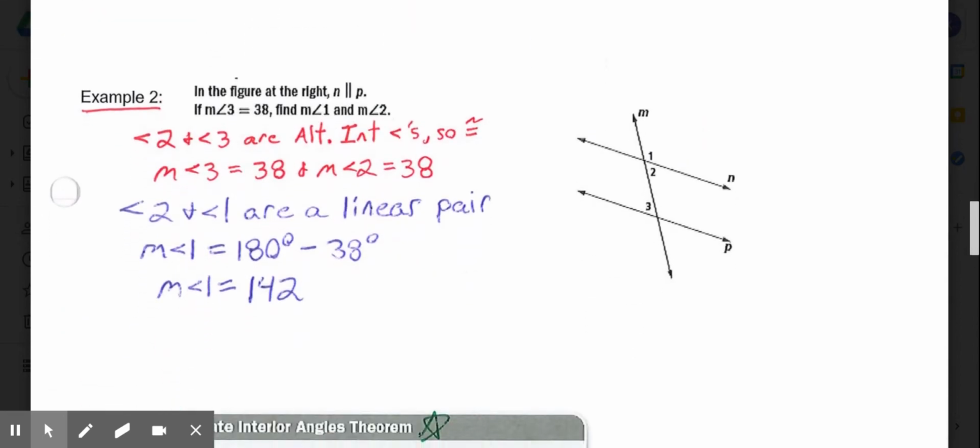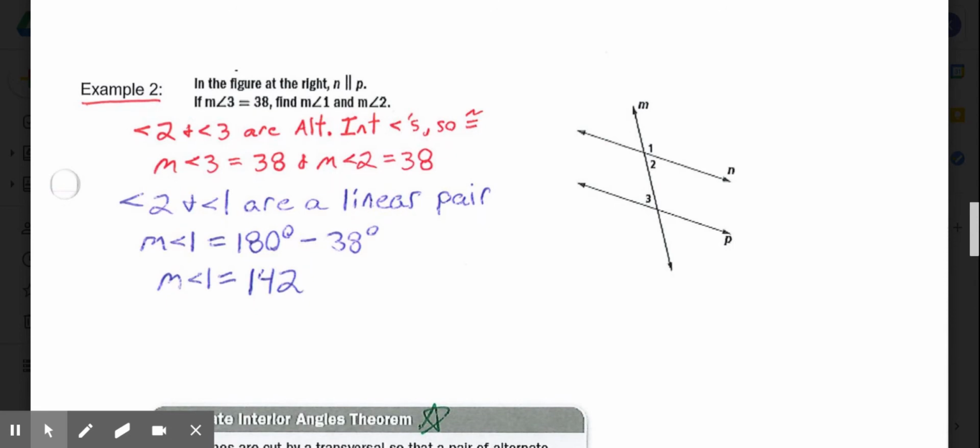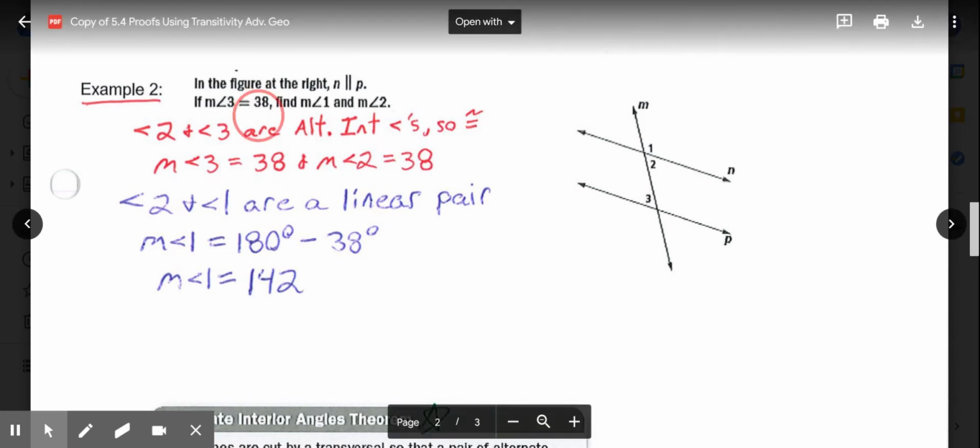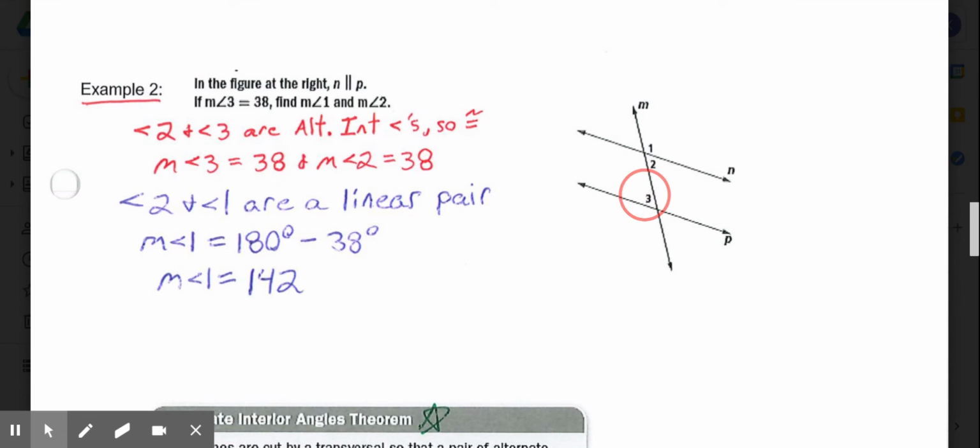Example 2 here. In the figure at the right, they told us line N is parallel to line P. They told us the measure of angle 3 here is 38 degrees. They want us to find the measures of 1 and 2.